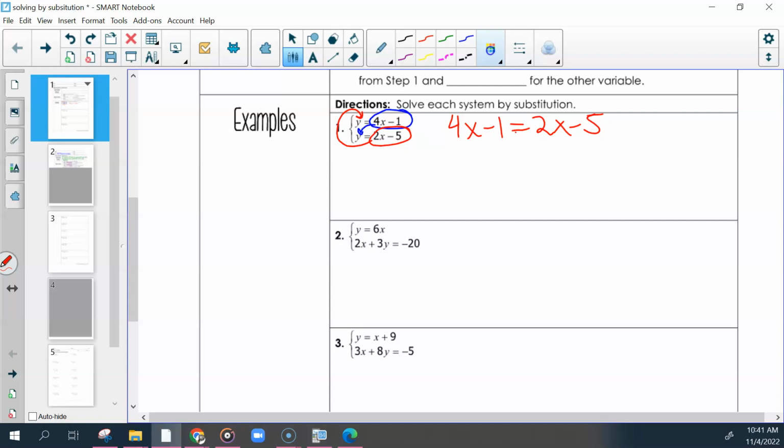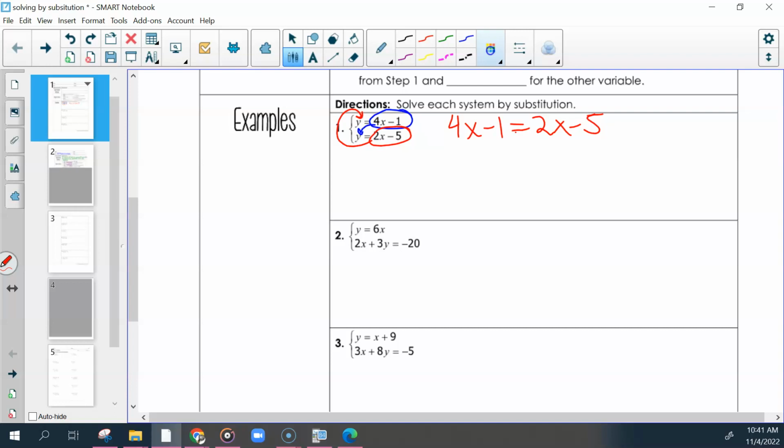Because we took one of the equations and put it into the other y, replaced it, substituted it. And then this looks like something we've seen before.